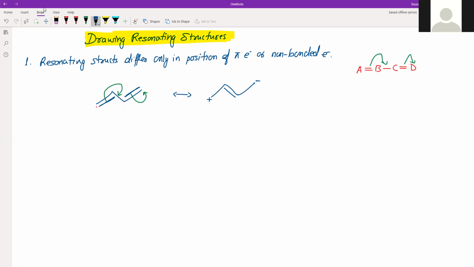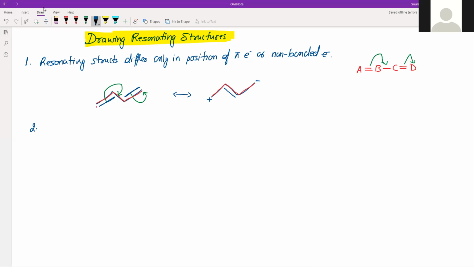So this is how the two structures will look. As you can see, the main chain, the sigma skeleton, is as it is. That has not changed, right? So that is the first point which we should not forget.